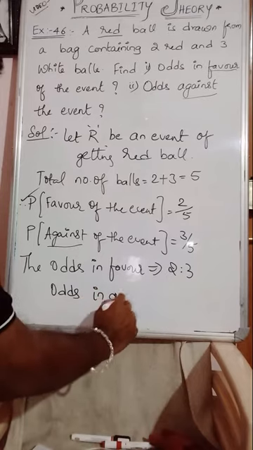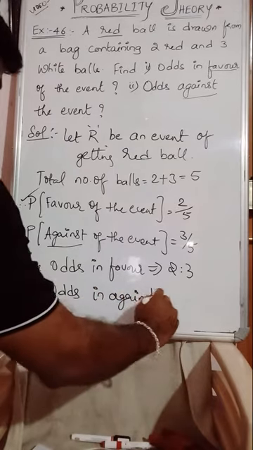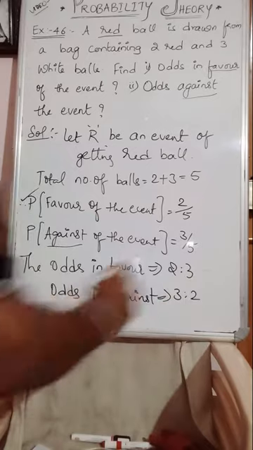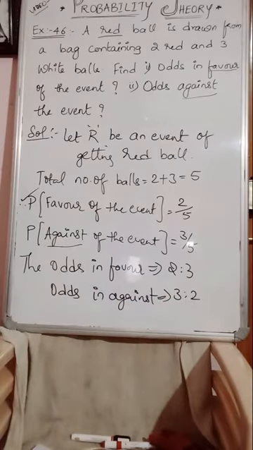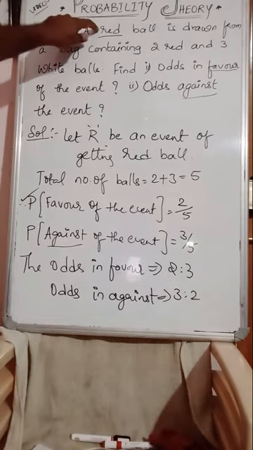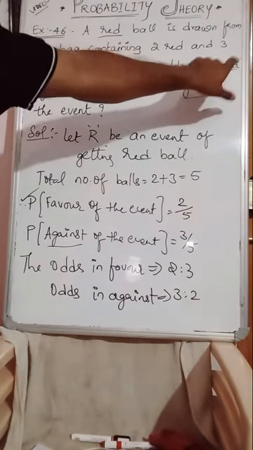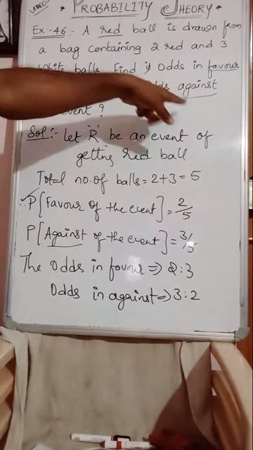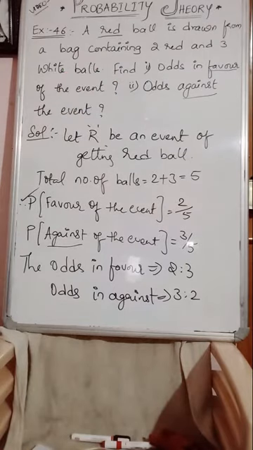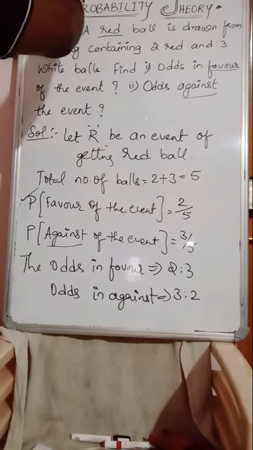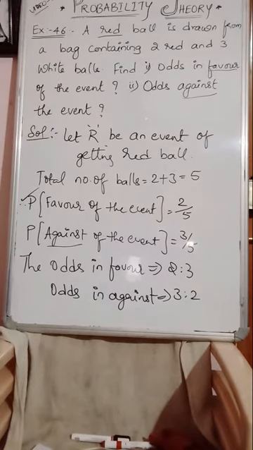Odds against is 3:2. This is the problem. Very simple problem, guys. What event is asked, that should become the favor, and the other one would become the against, the complementary one. Clear? So this is example number 46. Now this is video number 14 from the probability concept. So let us see few more examples now.